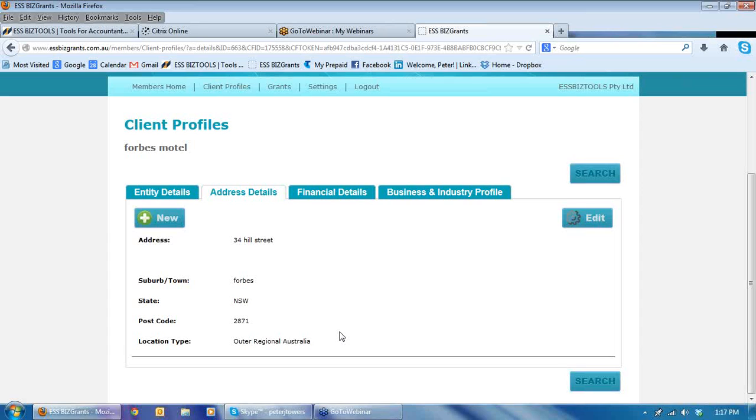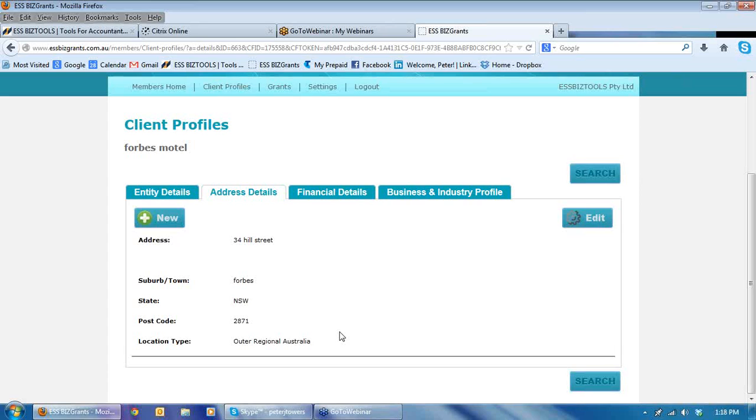Now, these location types are determined from the health industry maps as to where a business is located. There's been some changes of late, and we're updating the ESS BIZGrants site to reflect some of the changes. They are not making any significant difference to the grants that are currently in the system.